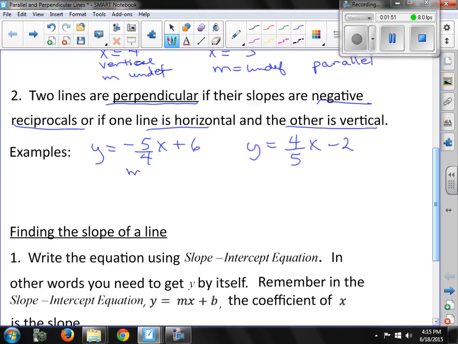The slope in this line is -5/4, and the slope on this line is 4/5. Notice that these two slopes are opposite signs and they're also reciprocals. That means they're flipped over. So these two lines are perpendicular.